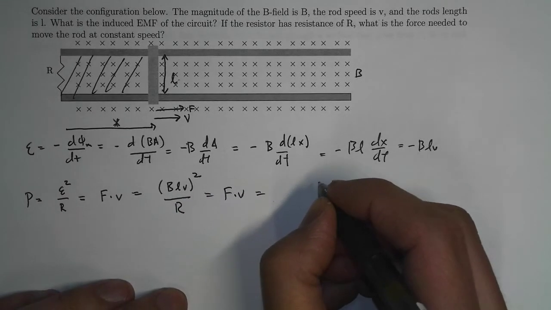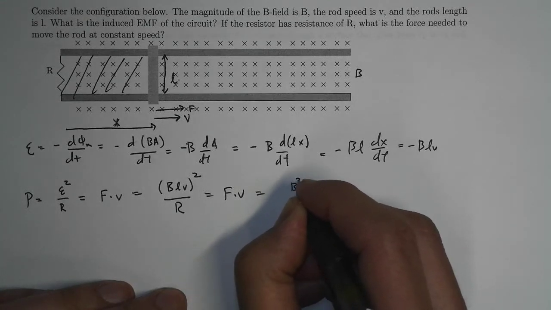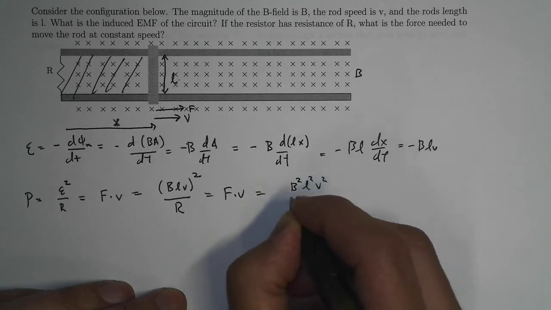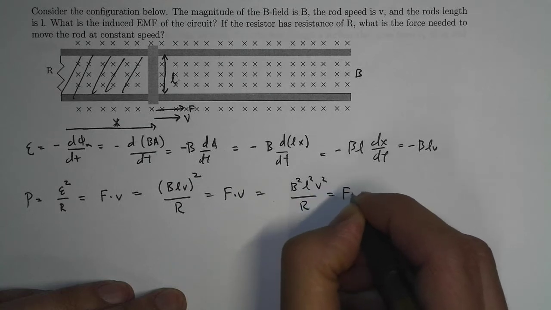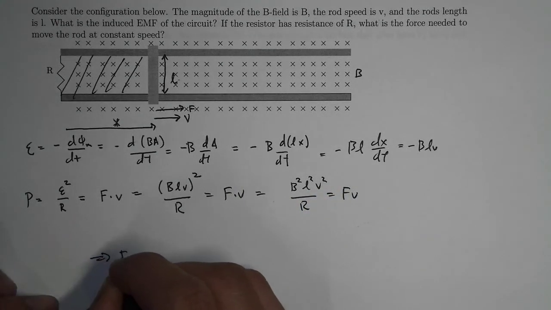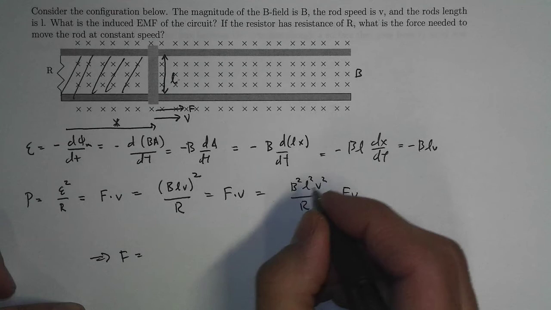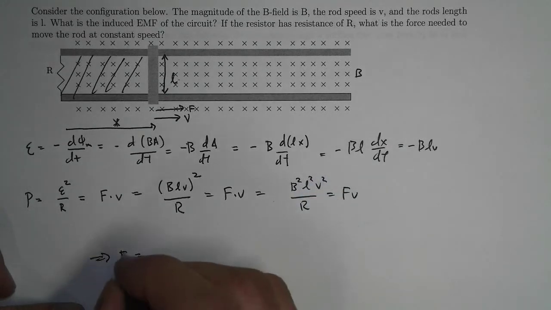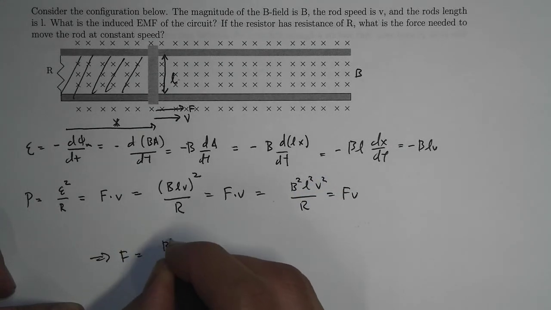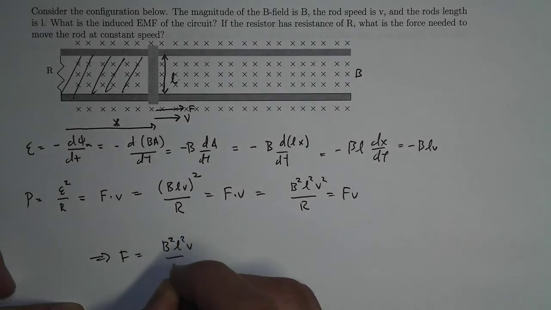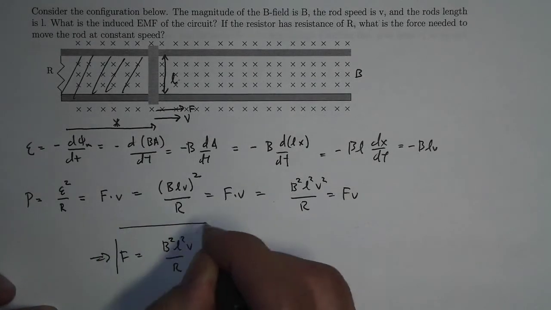And so this gives you B squared L squared V squared over R is equal to FV, or in other words, F is equal to, eliminating one factor of V on both sides, B squared L squared V over R. Okay, hope that was helpful.